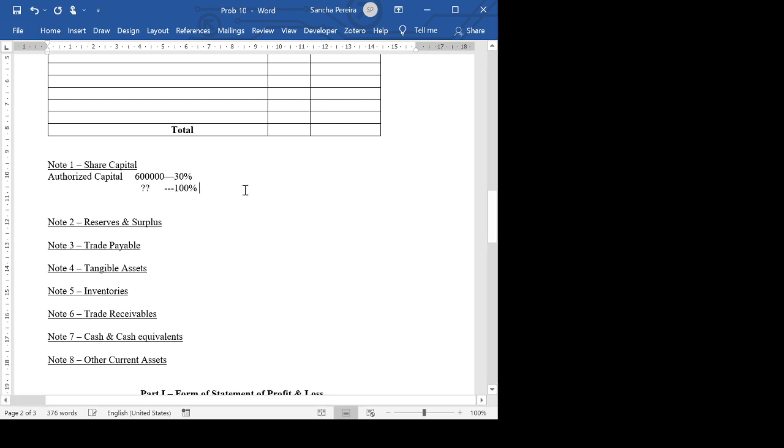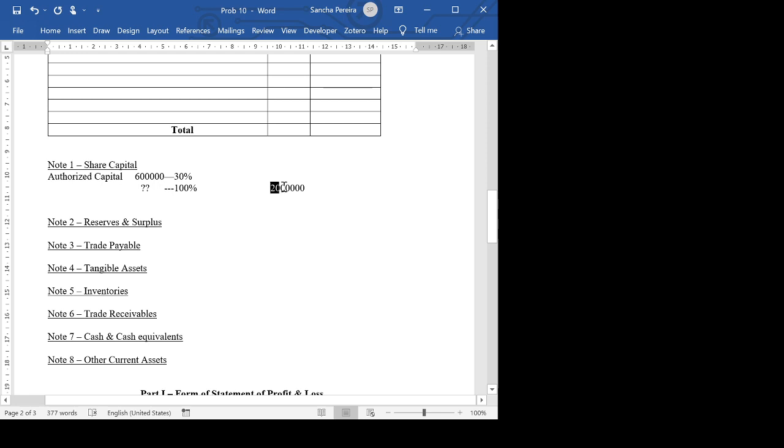This is not part of the statement, just a working note that I've done here for you to understand. So cross multiply: 6 lakhs into 100% divided by 30% comes to 20 lakhs. So the authorized capital is actually 20 lakhs.